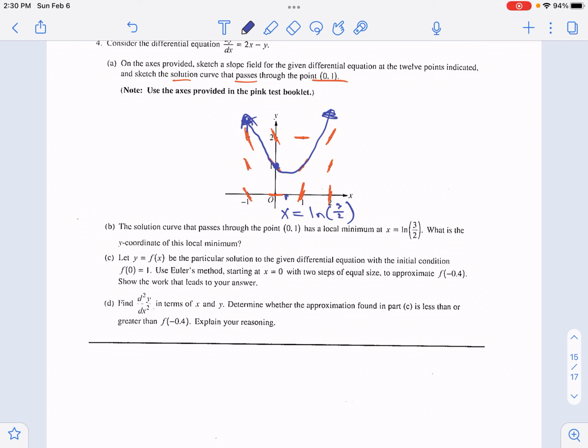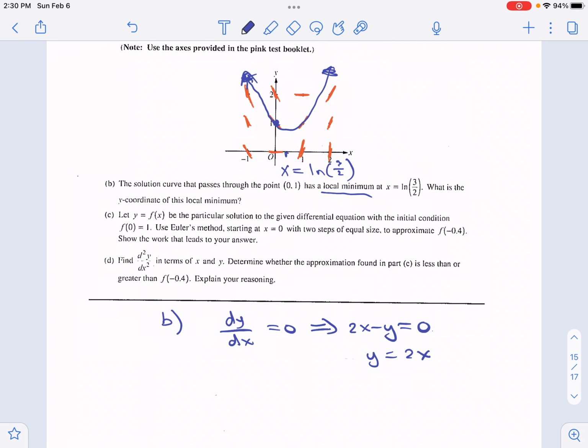Okay, and we want the y coordinate. So the key is that we know a function has a local min when dy/dx equals 0, right, or a critical point. So dy/dx equals 0 implies that 2x minus y equals 0, or in other words, the y coordinate is twice the x coordinate at a local min.